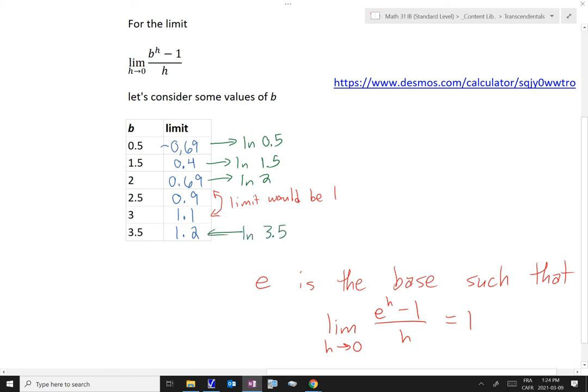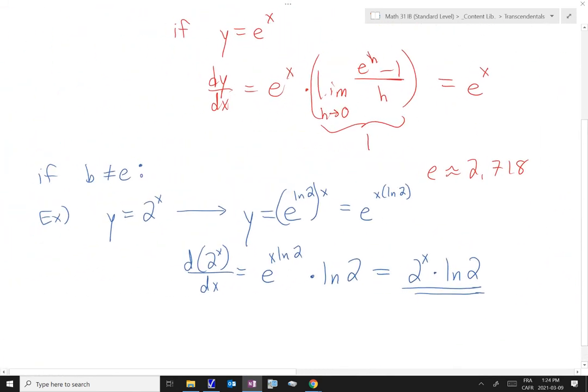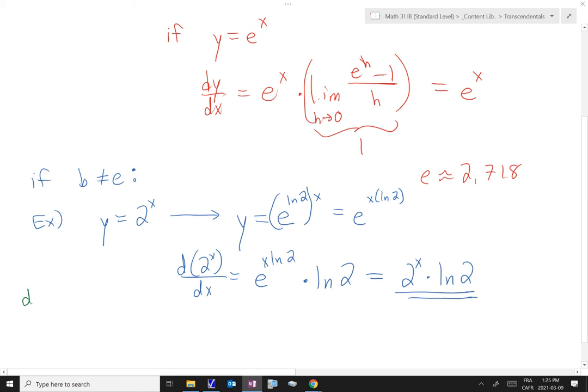That coefficient is the natural log of the base. So very generally here, the derivative of b to the power of x with respect to x is b to the power of x times the natural log of b. And that's why e is our preferred base, because the natural log of e is just 1.